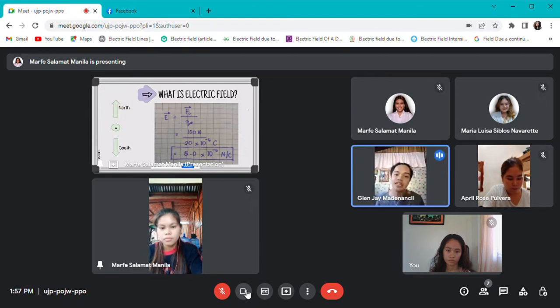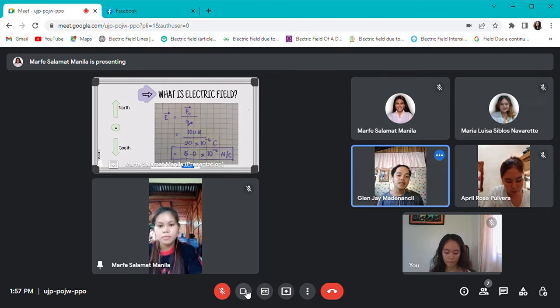So unsa iyang magnitude kaganina? The magnitude would be 5.0 times 10 raised to the power of negative 6 Newton per coulomb. Let us not forget that the unit of the electric field is Newton per coulomb.